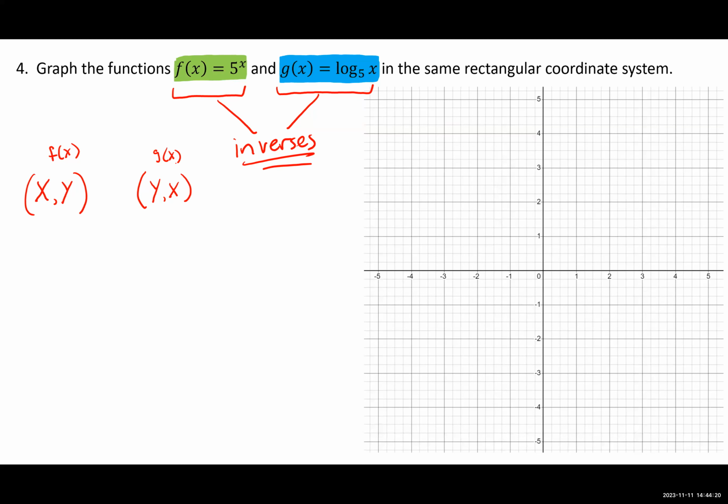So when you go from a function to its inverse, you're sort of swapping out the x's with the y's. The x's of one function are the y values of the other. The y values of one function are the x values of the other. So what we saw was that when you have two functions that are inverses of each other, their graphs will be mirror images of each other over the line y is equal to x.